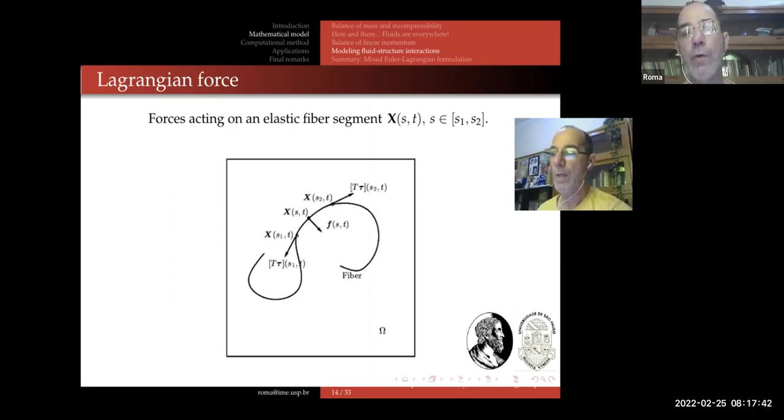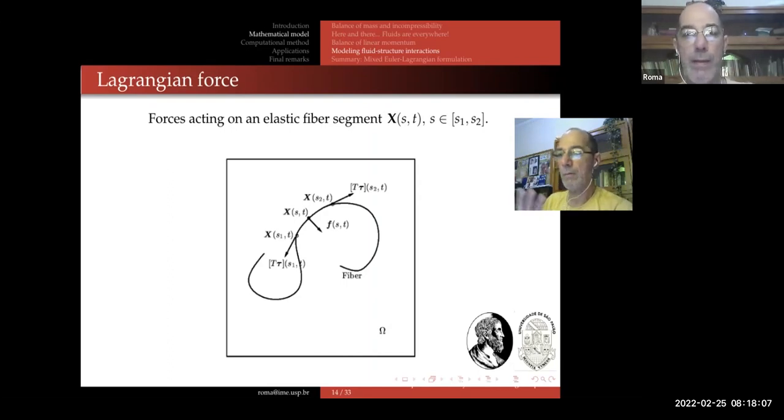Okay, so besides these two tension forces at the tips, at the ending points of this segment, we also have some force which is the reaction; forces from the fluid are acting there, right?